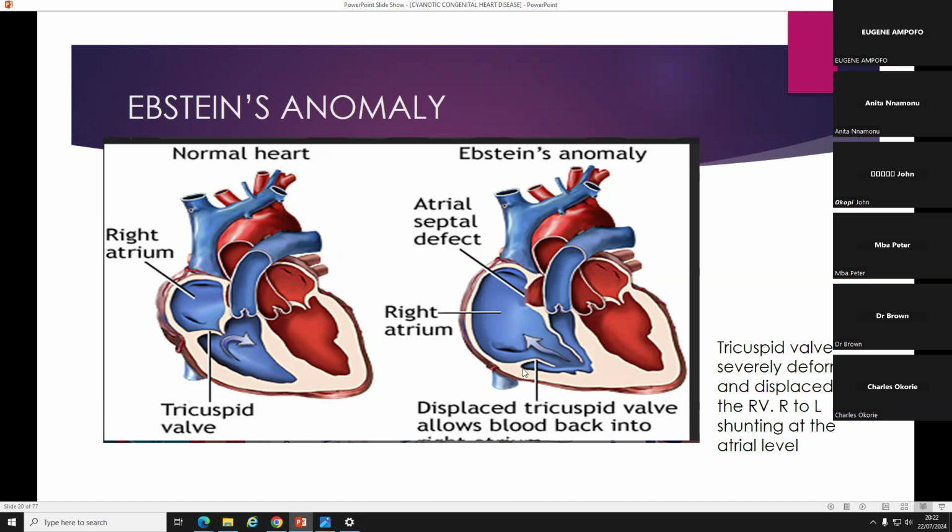The positioning of the tricuspid valve is much more distal, much more caudal than it normally would be, therefore causing a very large right atrium and undeveloped right ventricle with a displaced tricuspid valve, therefore forcing blood through the atrial septal defect or a PFO into the systemic circulation.